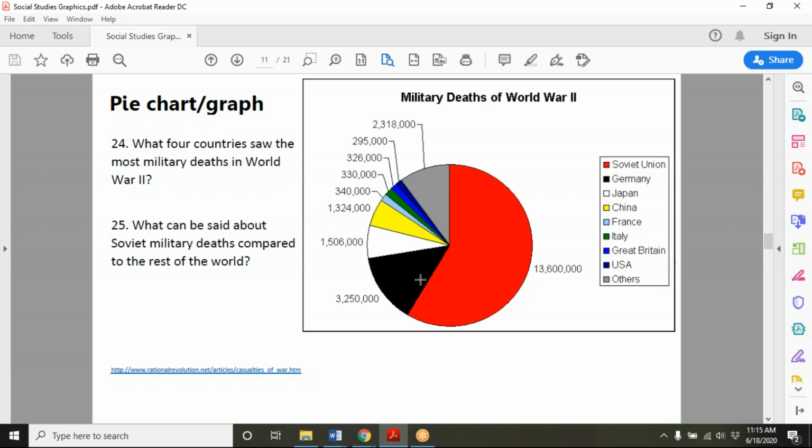Let's look at a pie chart, or a pie graph. Here are military deaths of World War II. It's in numbers, not percent, although a pie graph by its very nature represents some percentage. The numbers here give us straight numbers of deaths. So more than half of all military deaths in World War II came from what country?